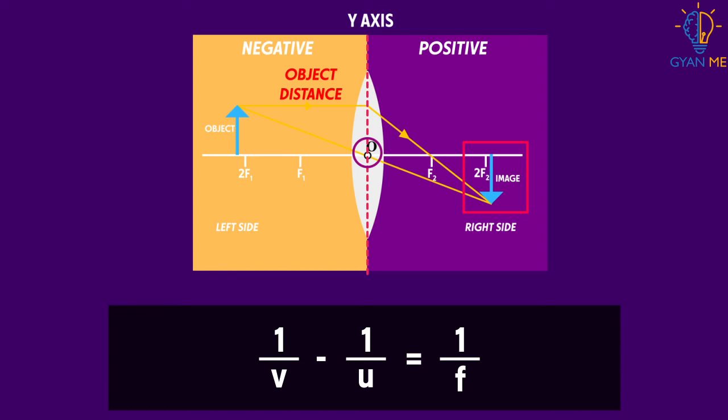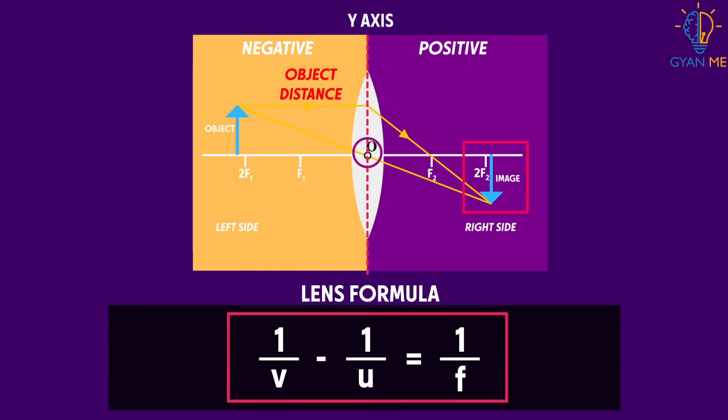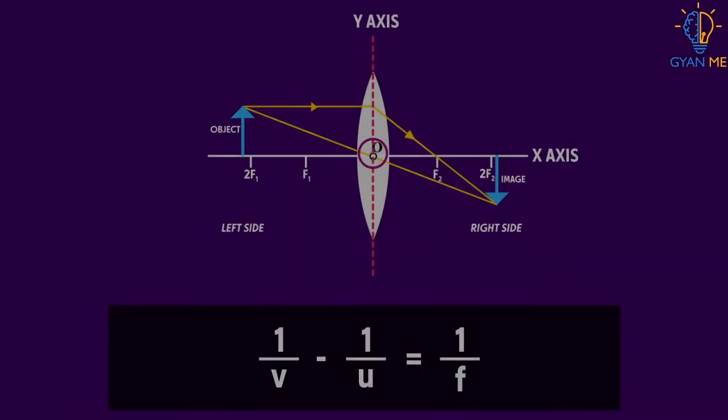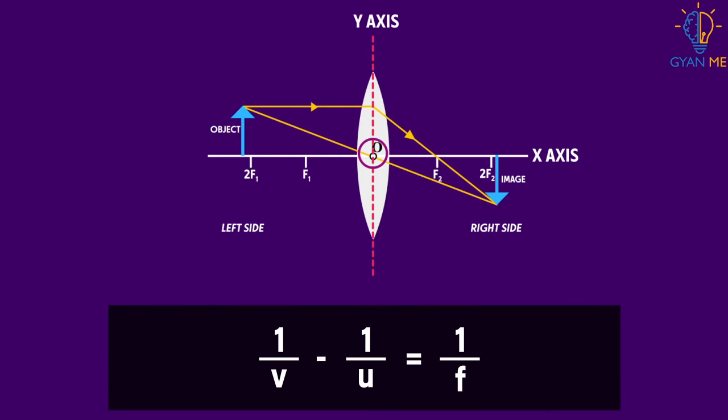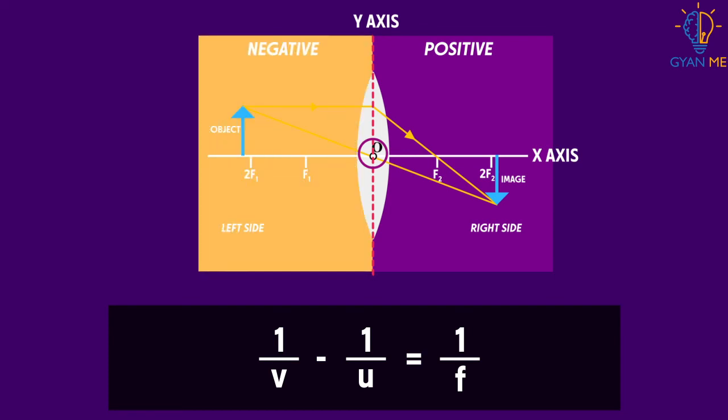So what we have seen in this video is one formula called the lens formula, which is a relation between distances and focal length. And what we have seen in sign convention for measuring the distance in lenses is that all the distances measured towards the right of the optical axis of the lens, which is also the y-axis, are positive, while all the distances towards the left of the optical axis are negative.